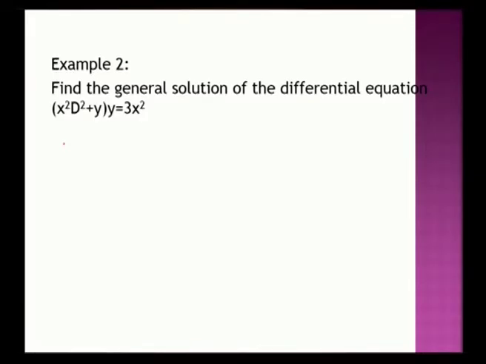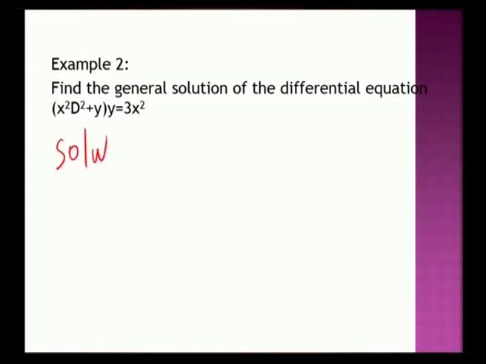But here you got a non-homogeneous differential equation. This non-homogeneous differential equation consists of two parts in the solution, that is complementary function and particular integral. So, first find the complementary function and then find the particular integral, then sum those two, you will get the general solution of this differential equation.